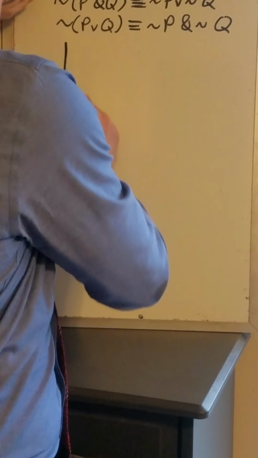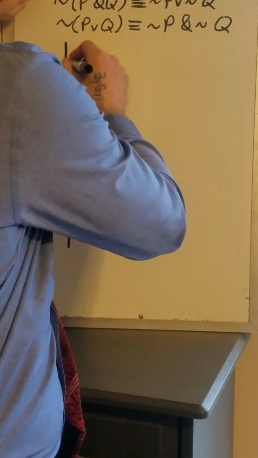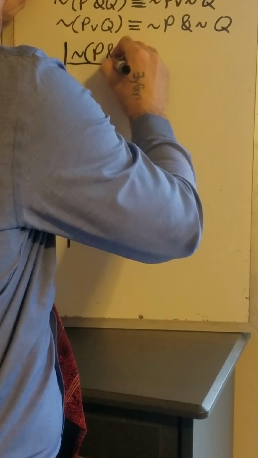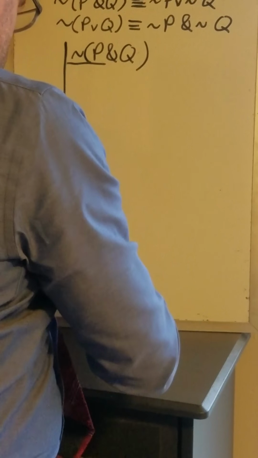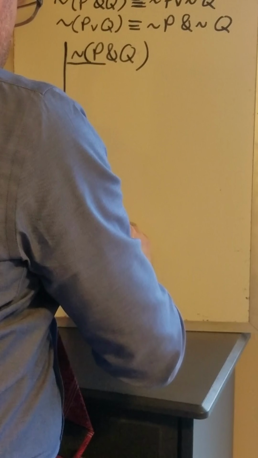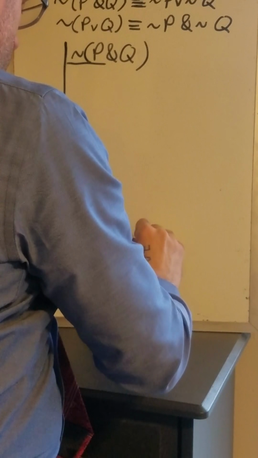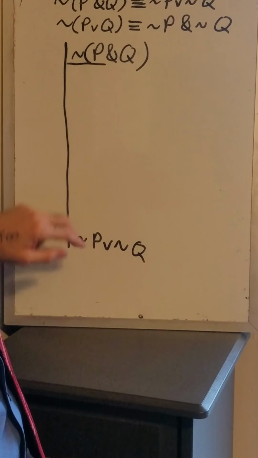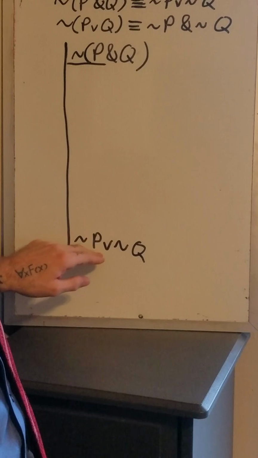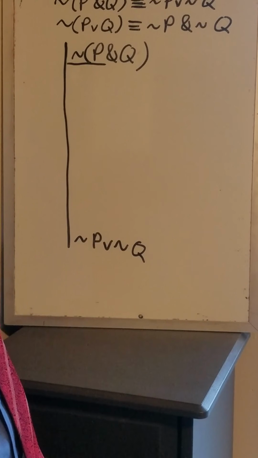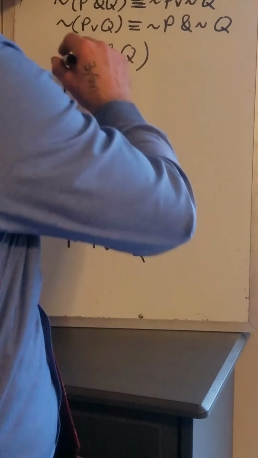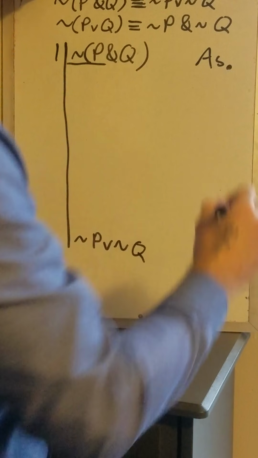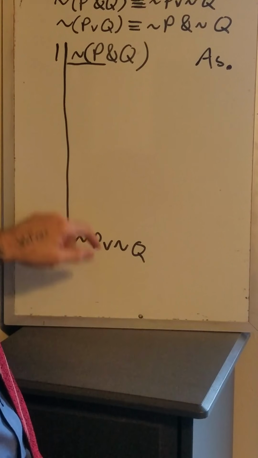So first we're going to show that on the assumption of not (P and Q), then we get not P or not Q. So this is an assumption. Okay, so we're trying to get this.